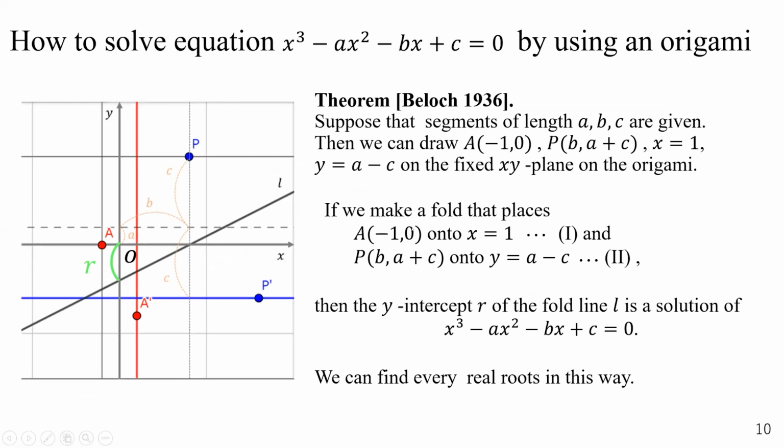Now we explain Beloch's algorithm solving a real cubic equation by origami. This page is very important, because if you don't understand this page, you cannot understand my main result. Theorem. Suppose that segments of length A, B, C are given.